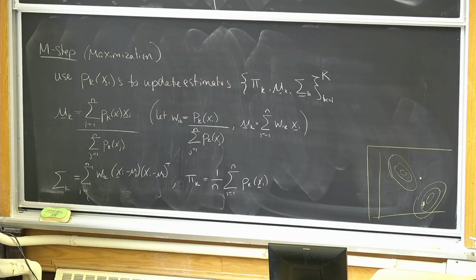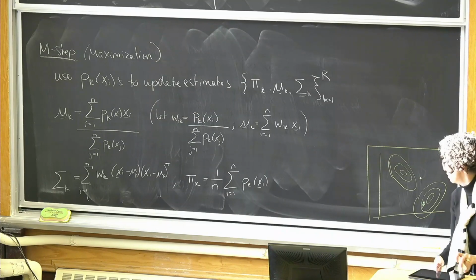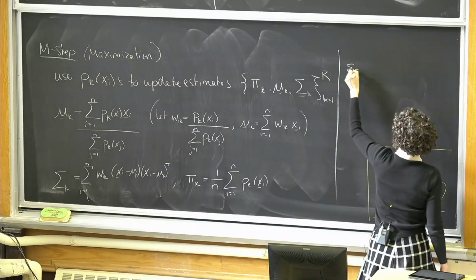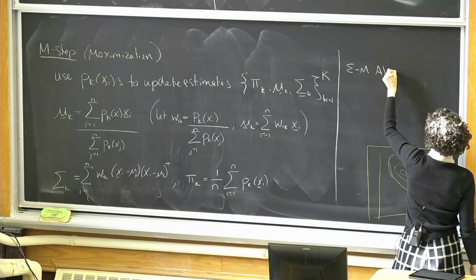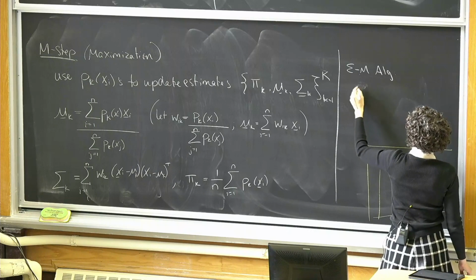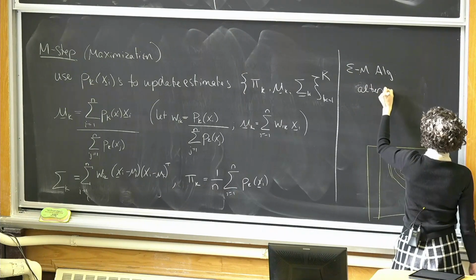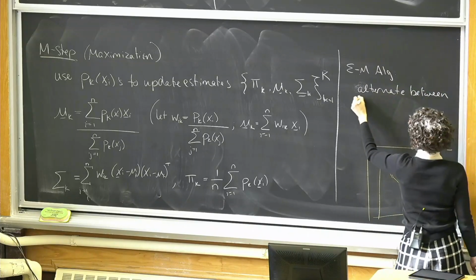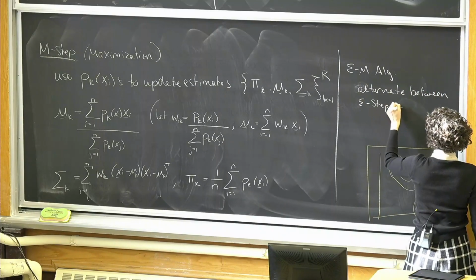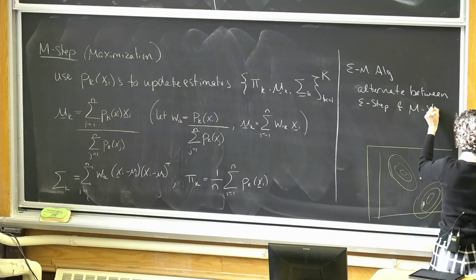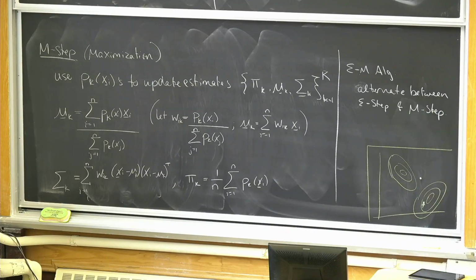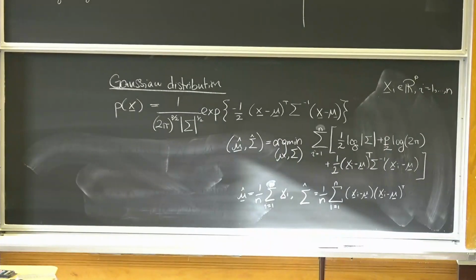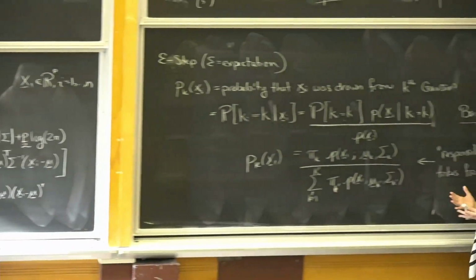Okay, so within this algorithm, with the EM algorithm, you would alternate between the E step and the M step. We would set some initial values of our Gaussian parameters, the means and the covariances and the weights.